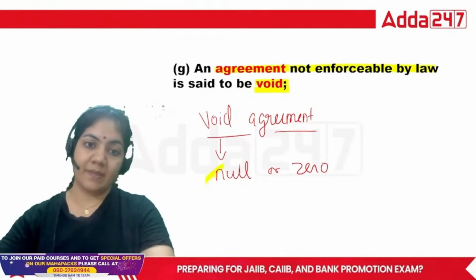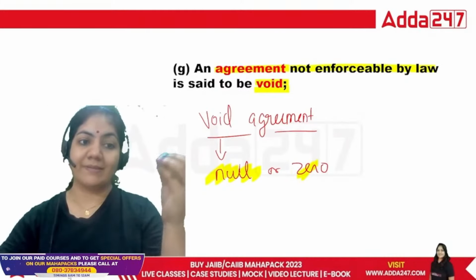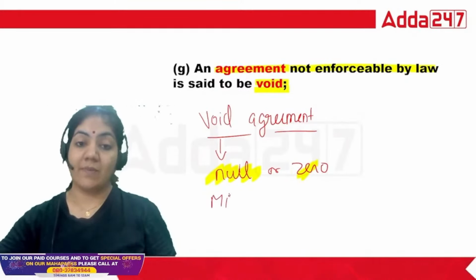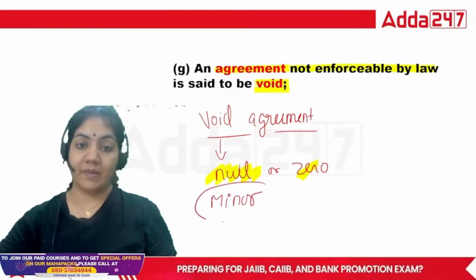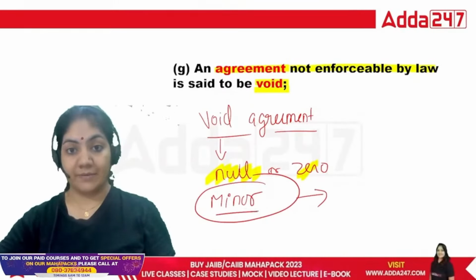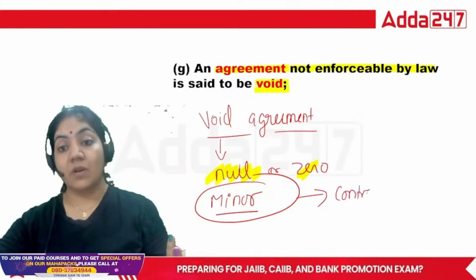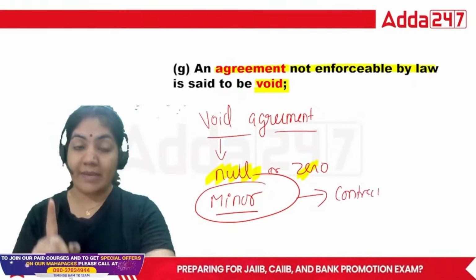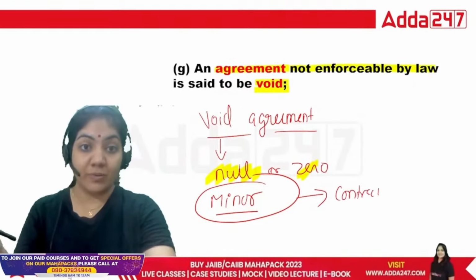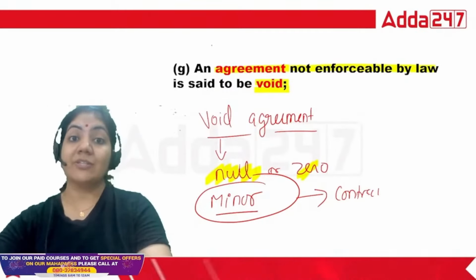See, null, void. I'm just giving you one best example. Suppose there is a minor, and that minor makes a contract. First of all, a minor cannot make an agreement. If a minor is making an agreement, that agreement will be void ab initio, from the initial stage.